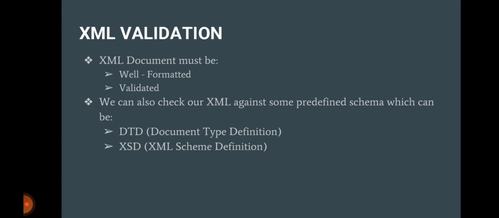In most of the cases, the creator or developer will provide you the schema, and you will have to check your XML against this schema. It will contain the structure of the XML, how it should be structured, what should be the text, and what is mandatory, what is not mandatory, etc.